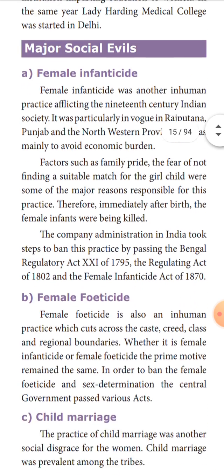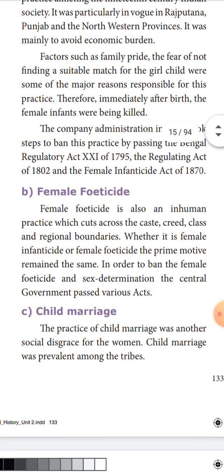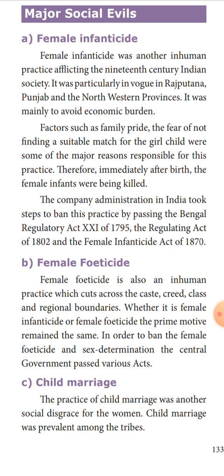The second one is female foeticide. Female foeticide is similar to female infanticide. Female infanticide means that after the girl child is born, she is killed as soon as possible, within one or two days.